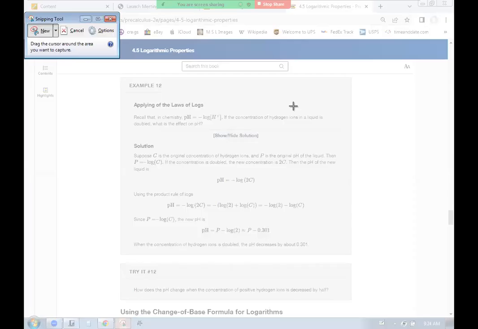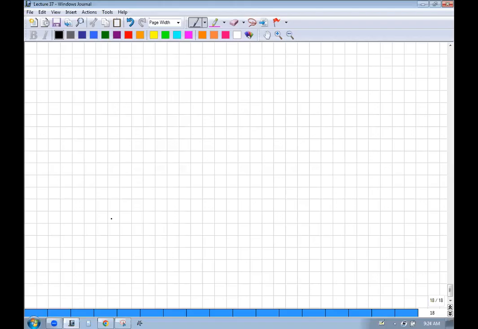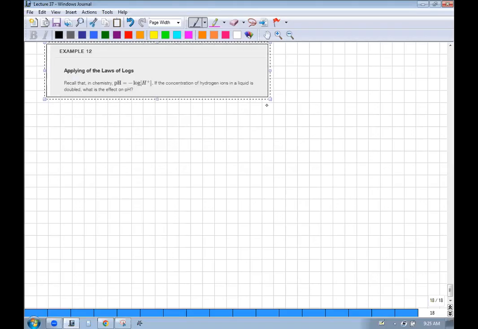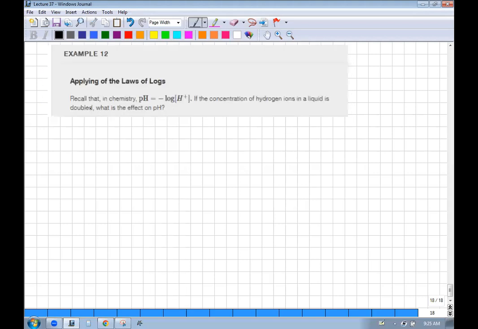What are they doing here? If we double the hydrogen ion content, what is the effect on the pH? All right, well, I'm going to call it pH prime. If I take the H plus and I replace it with 2H plus, what happens? Okay, well, let's look at it this way.